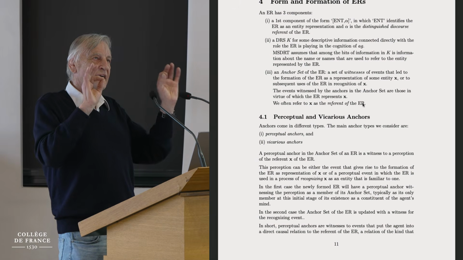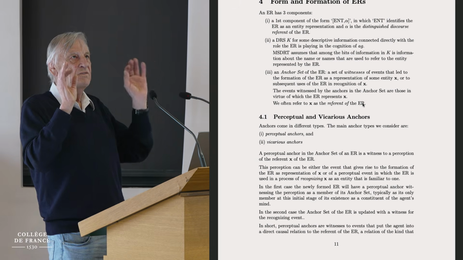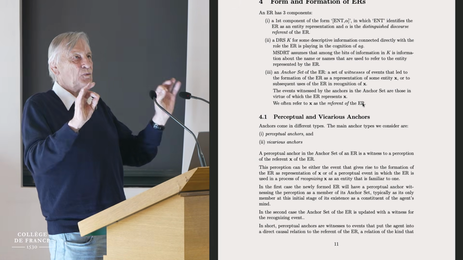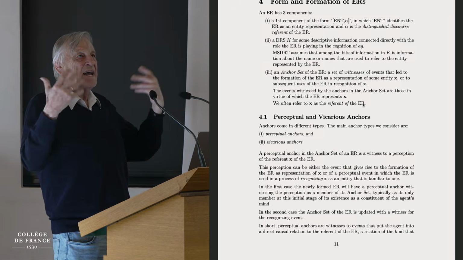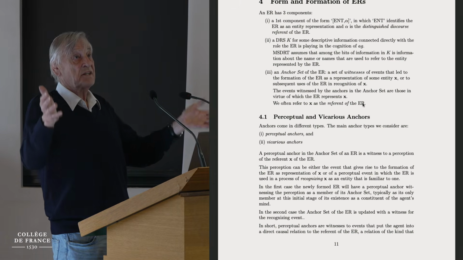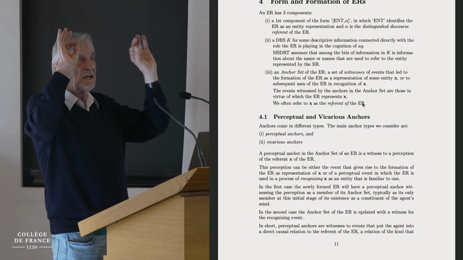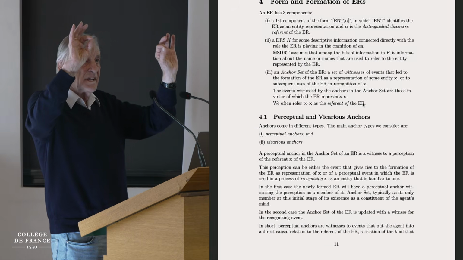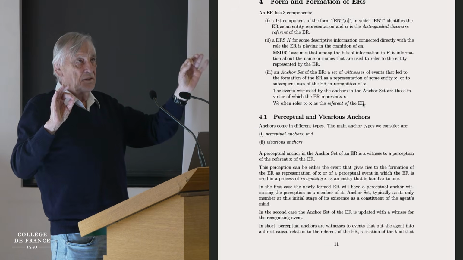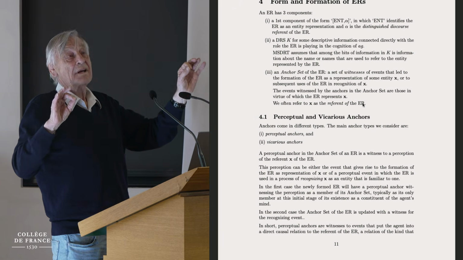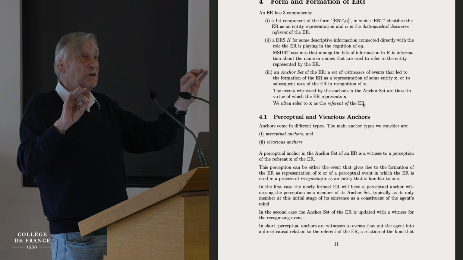So that actually now opens up the possibility of looking at what these vicarious anchors do as creating such networks of entity representations, and in particular networks of entity representations that are thought by the possessors of these entity representations to refer to the same thing.